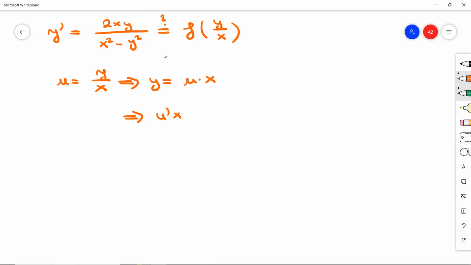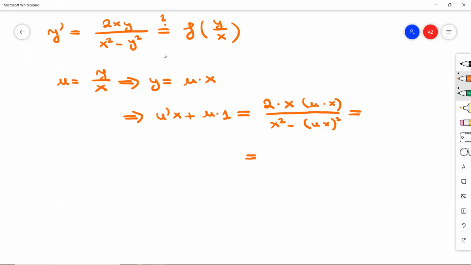So u prime x plus u times the derivative of x, which is 1. This is the left-hand side. And the right-hand side is then 2 times x, and instead of y, we write u times x. And in the denominator, we have x squared minus u squared x squared.